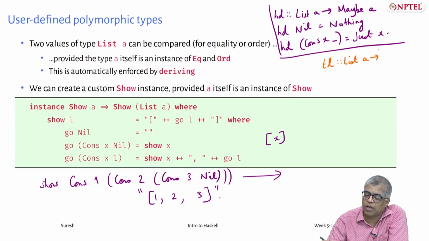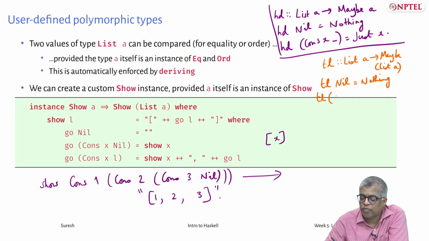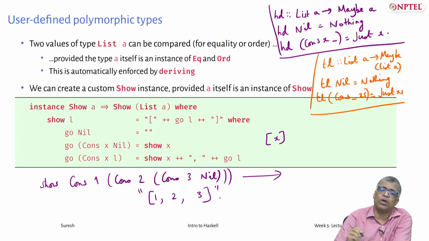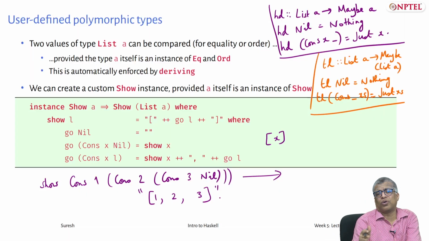Tail is of type list A arrow maybe list A, tail of nil is nothing, tail of cons of anything xs is just xs, okay. If you can define your own data types, you can define your own custom nice behavior like this, okay.